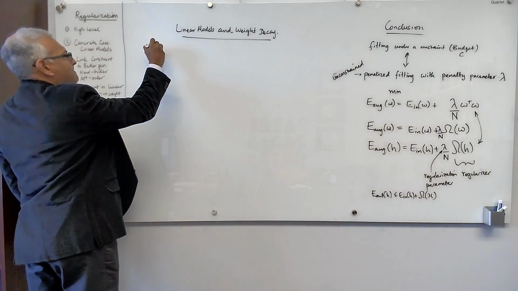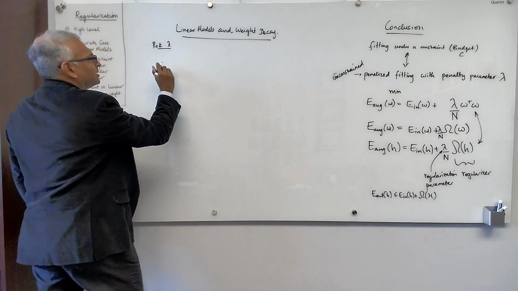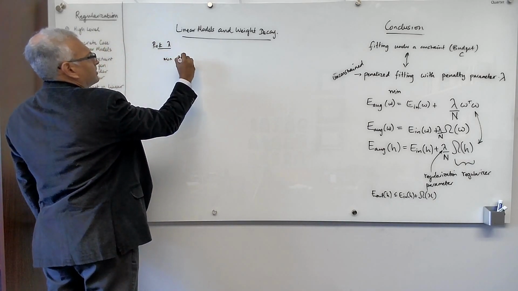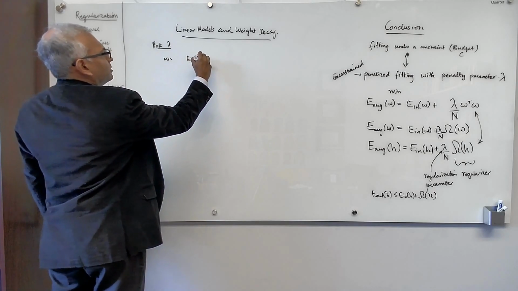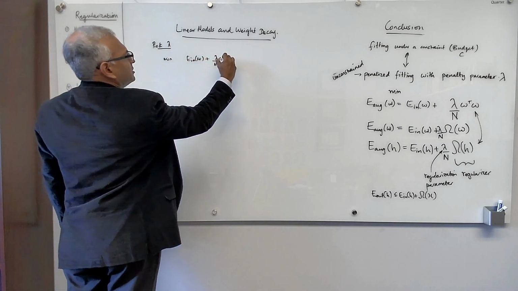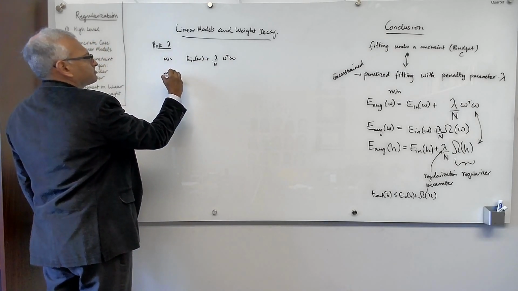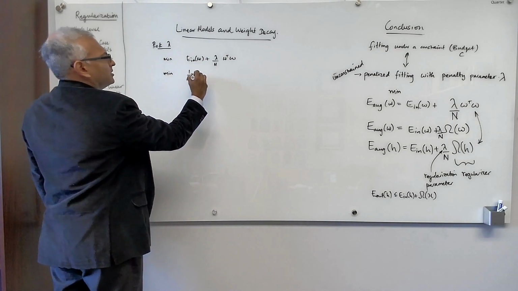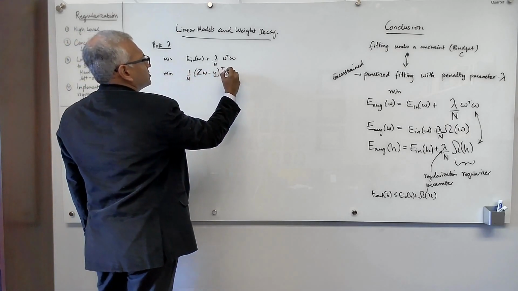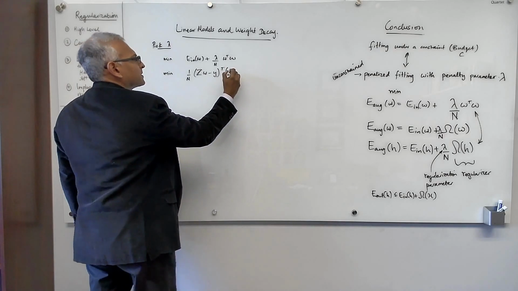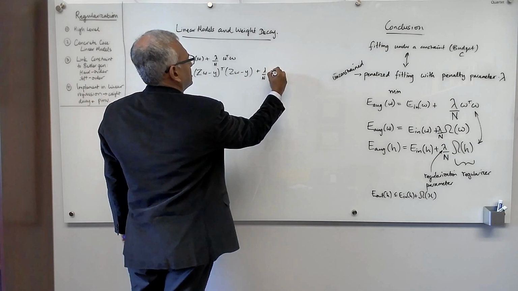So pick lambda, and we'll discuss that a little bit, and minimize E in of W plus lambda over N W transpose W, which means what we have to minimize is 1 over N (ZW minus Y) transpose (ZW minus Y) plus lambda over N W transpose W.